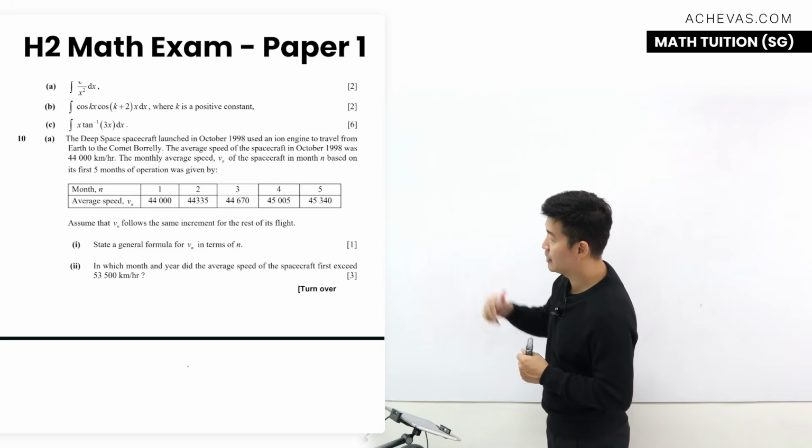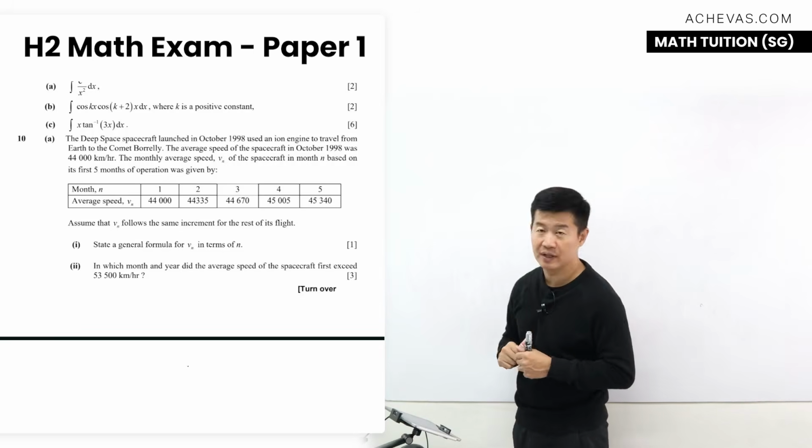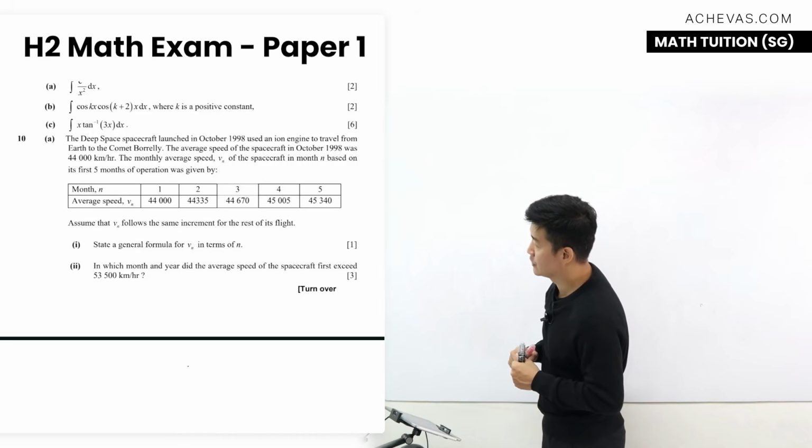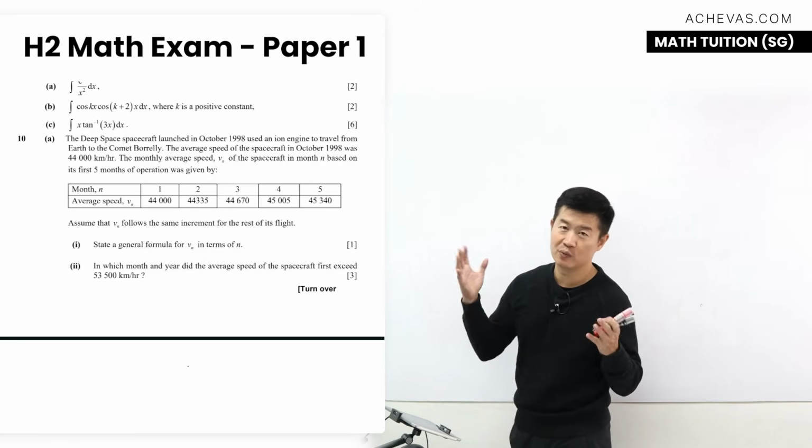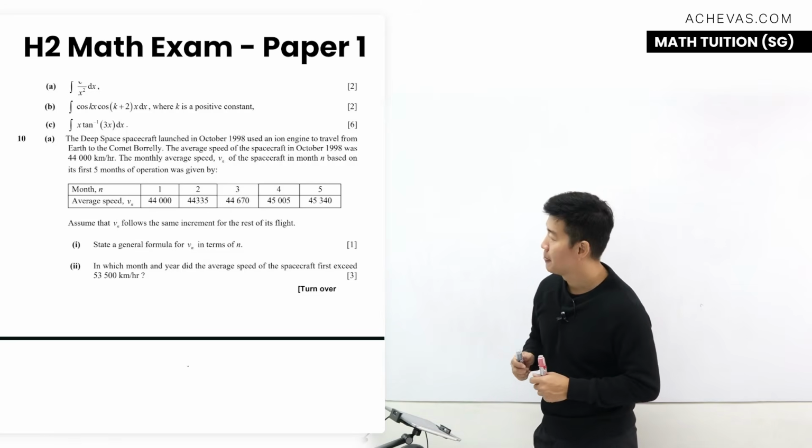According to that table, V1 is October, 44000, V2 is November, 44335, and so on. Vn follows the same increment for the rest of its flight. Okay, we really know it's going to be an AP.